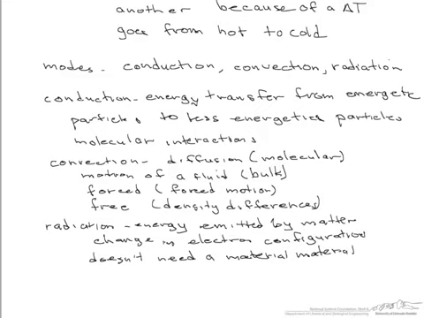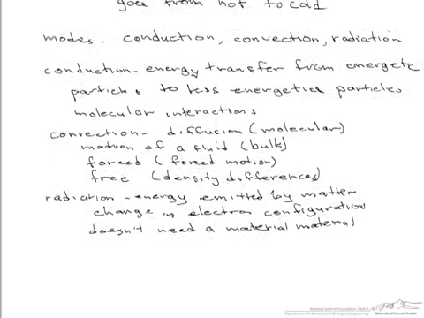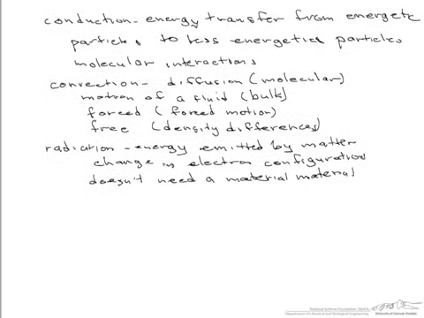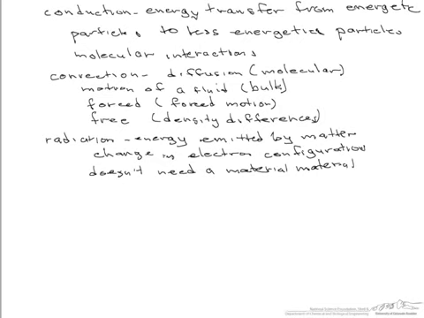So let's take a look at the basic equations. And again, these are simplified versions of all three modes. We're going to start with conduction, and we're actually going to look at conduction in the x direction. This is minus k dT/dx, where k is a term called the thermal conductivity.